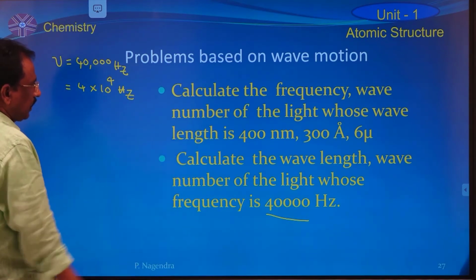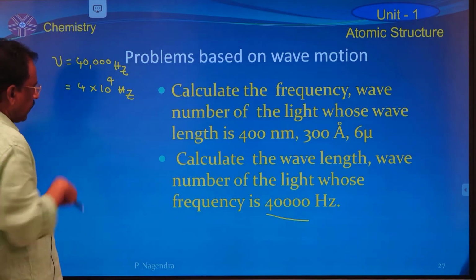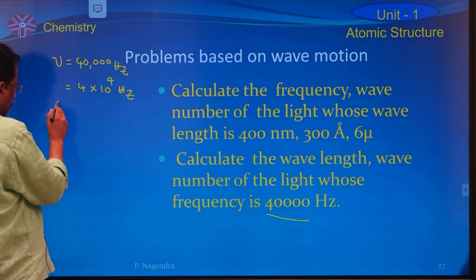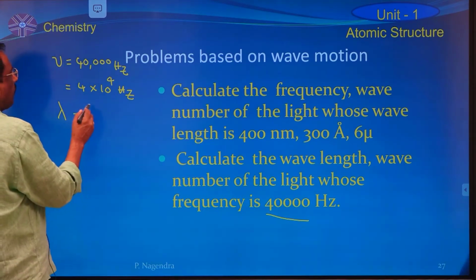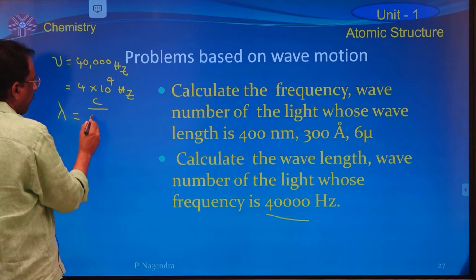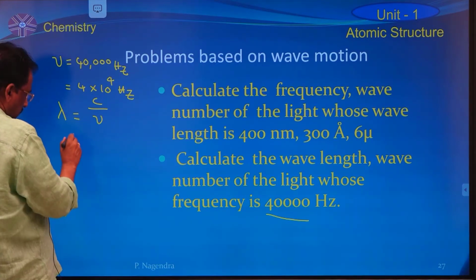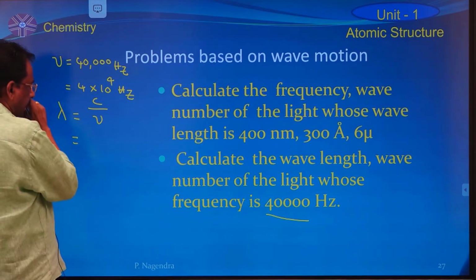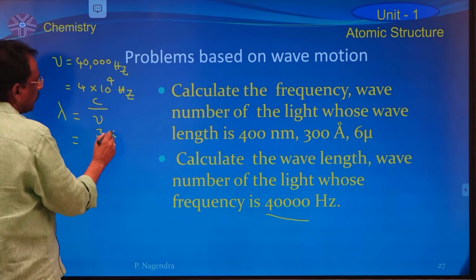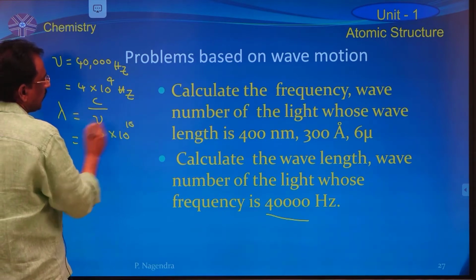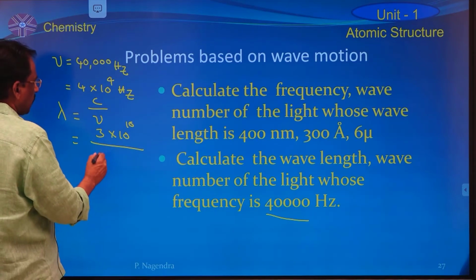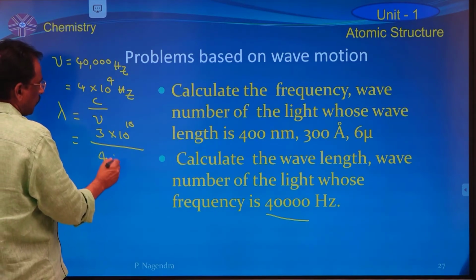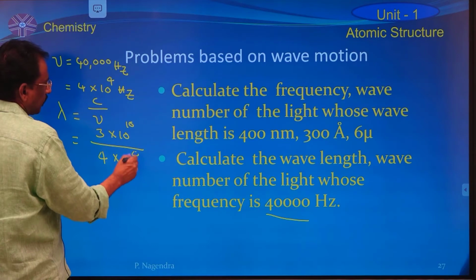Now calculate the wavelength. Lambda is equal to c by nu. That is equal to 3 into 10 power 10 centimeter per second divided by the frequency, 4 into 10 power 4.